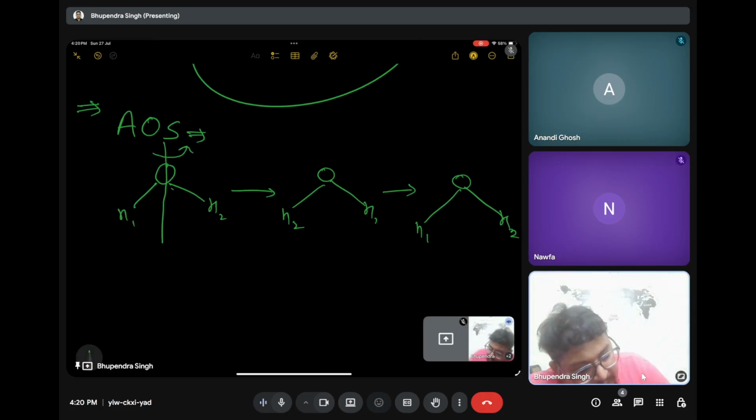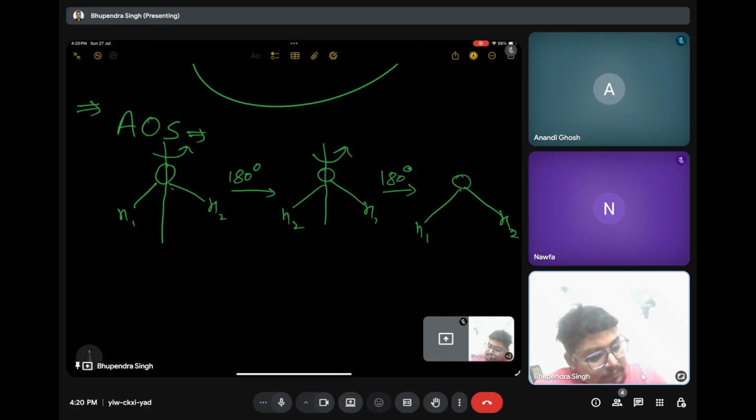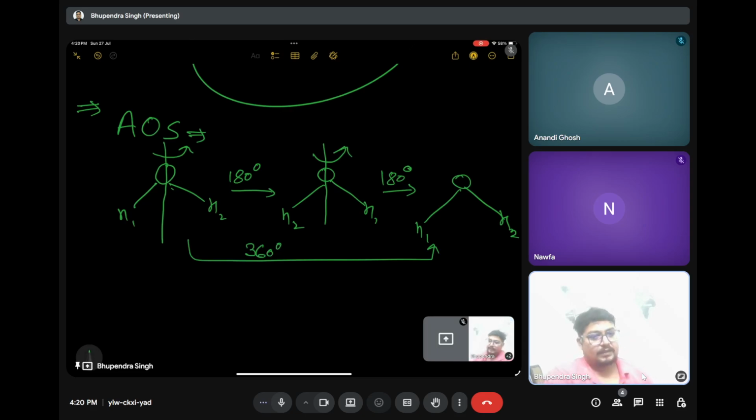If you rotate it by 180 degrees, you will reach here. Then again, if you rotate it by 180 degrees, you will reach here. So from here to here, you are rotating the molecule by 360 degrees, meaning you are getting the identical structure, or I would say orientation.